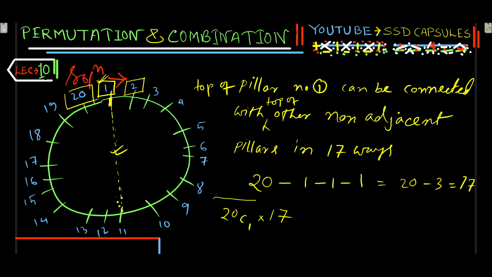But in this collection we have both side beams, meaning both ways are considered in this 20C1 into 17. So we have to divide this by 2 to get the actual number of beams without repetition. Hope you have understood up to this.